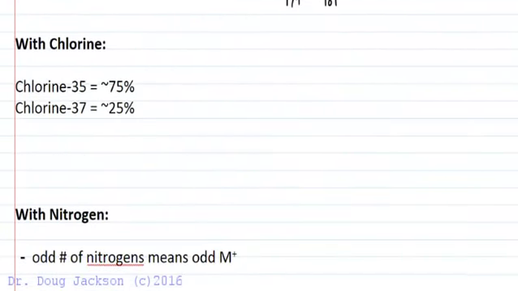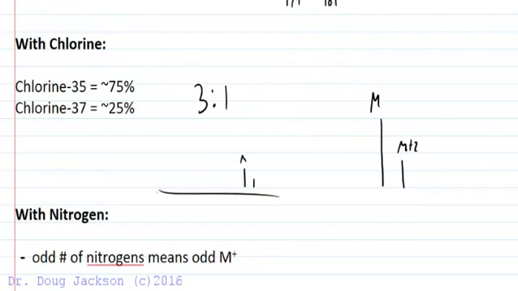With chlorine, it's about 3-to-1 instead. So what you'll see is a 3-to-1 peak series. The molecular ion here will be this peak, an M+2 that's about a third the height of the molecular ion. And you'll see a series of these. If we have a molecular ion here, we've got our spectrum.